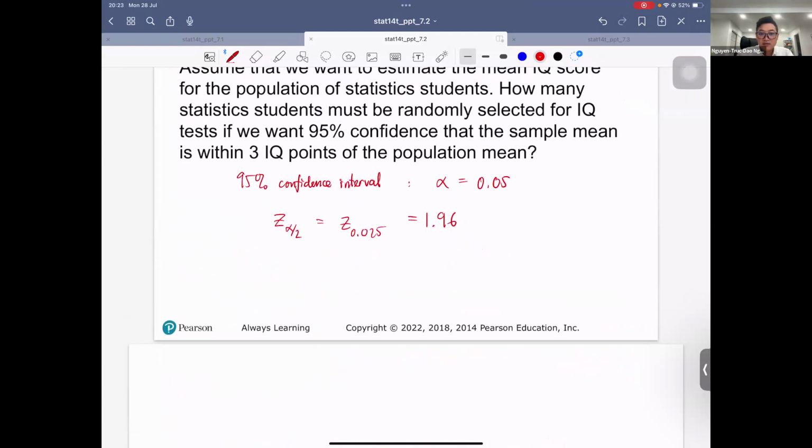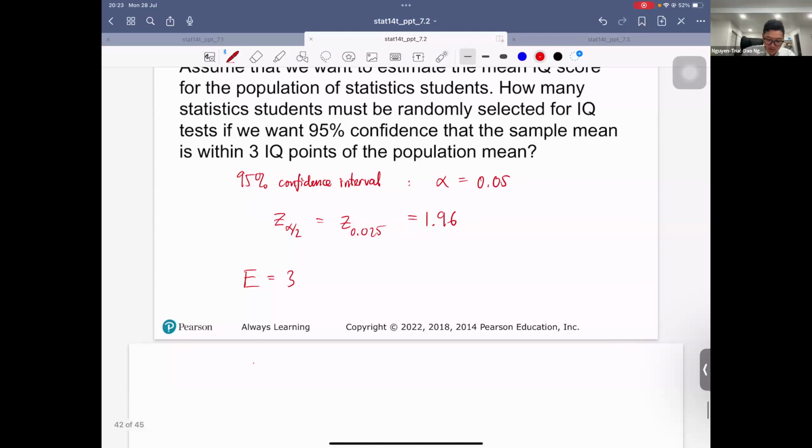Then I calculate, because we want the sample mean to be within 3 IQ points of mu. That means the margin of error in this case will be 3, right? That is the definition of the margin of error. Also, we can assume that sigma equals 15, because it is a case where sigma is known. Then we can use formula 7.4.